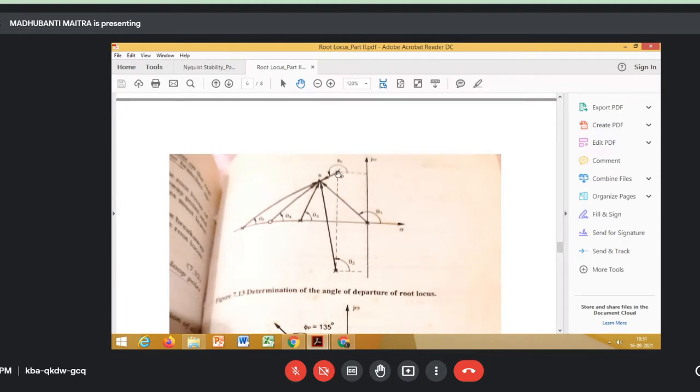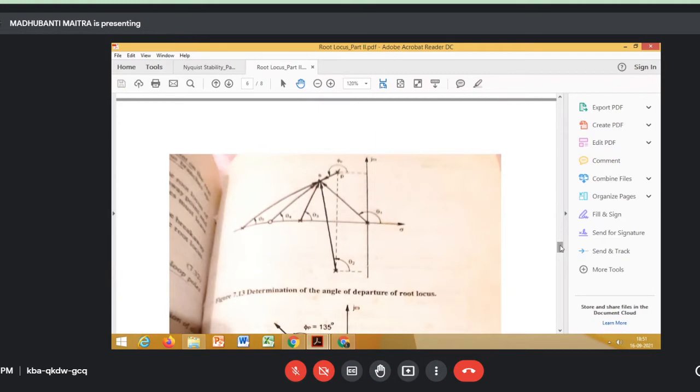So we need to find the angle of departure from complex poles, so that we can guess the initial path of the root branch originating from this complex open loop pole. If we can find the angle of departure from this particular pole, we don't have to compute the other because of the symmetry property.